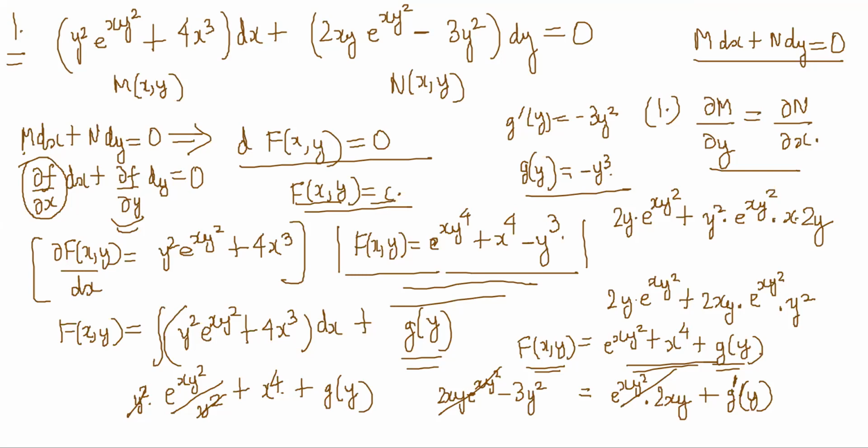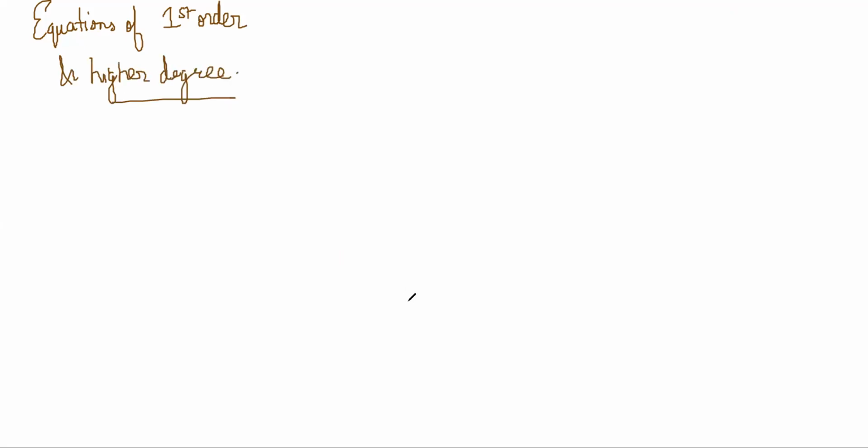Now we come to the equations of first order and higher degree. Here what he's saying is dy by dx may occur in higher degree, so it is convenient to denote it as p.